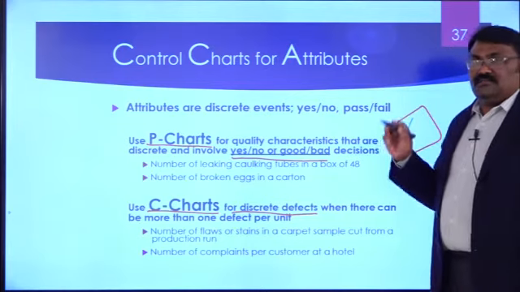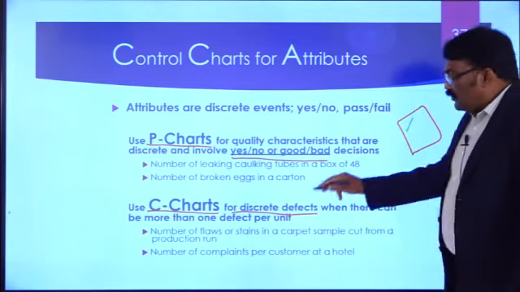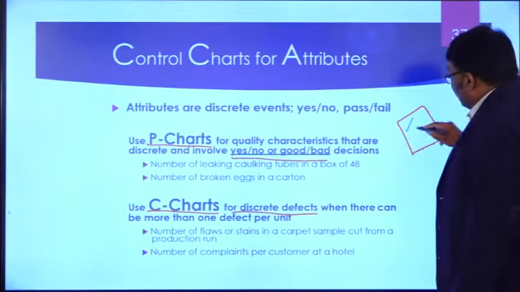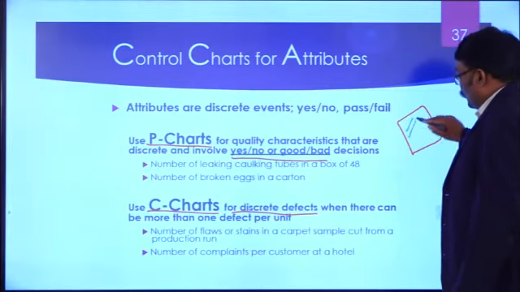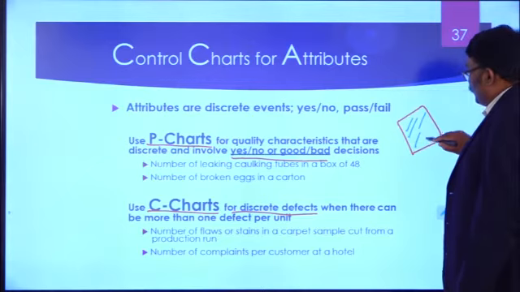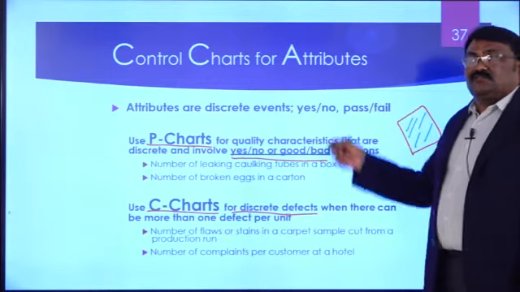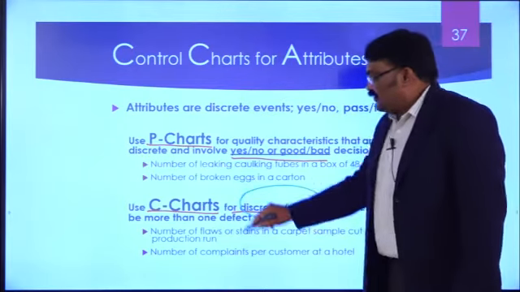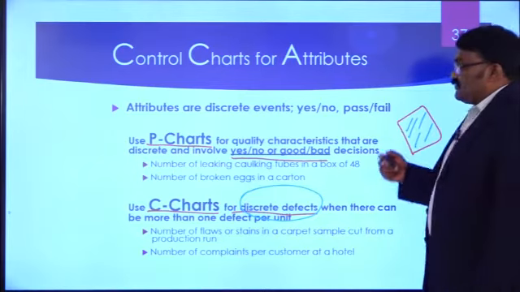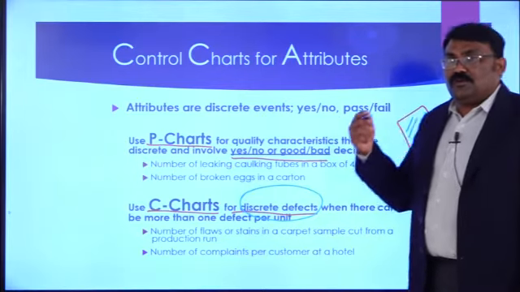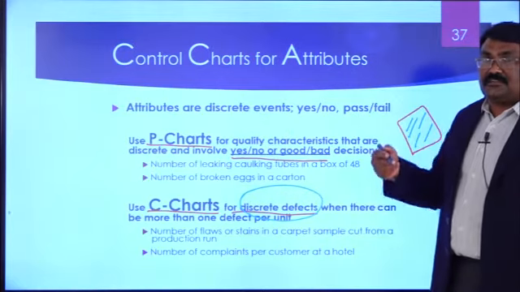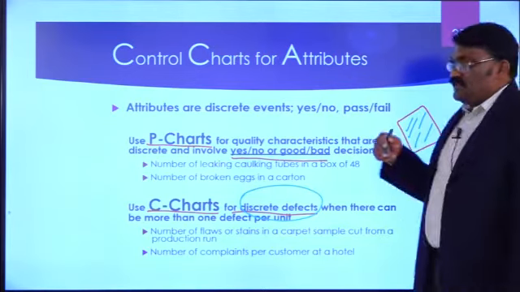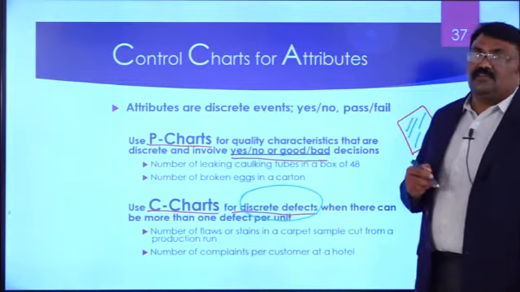Though it is broken, the product would be rejected, but what we calculate here is whether the rejection is happening because of 1 breakage or 2 breakages or 3 or 4 or 5 breakages. The number of breakages within that particular glass is what is identified here, because in the C chart, each defect is identified, not just understood as a rejection. That is what we do in case of the C chart.